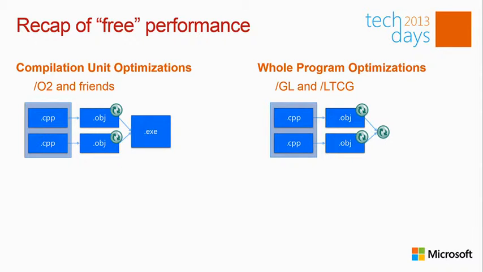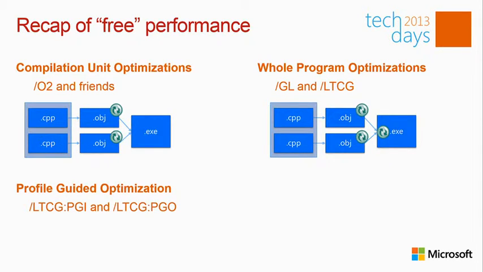And you can start to do things like inlining source code from one translation unit to another translation unit, which are things that we didn't do with O2 and friends. So now you get even more optimizations just by throwing GL and LTCG. And if this room holds to the statistics, about half of you are not throwing it. You should go do that. Okay? And that creates a nicely optimized exe, more optimized than the one you got before.